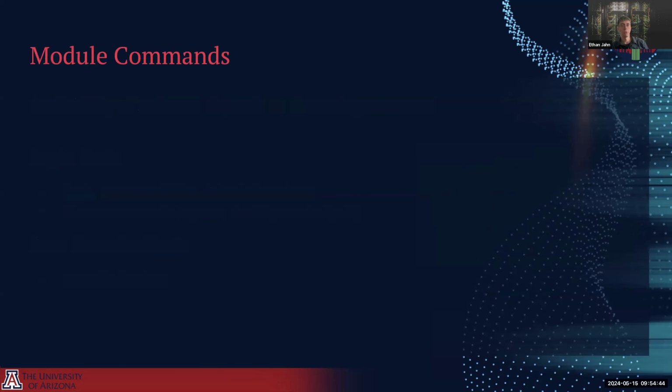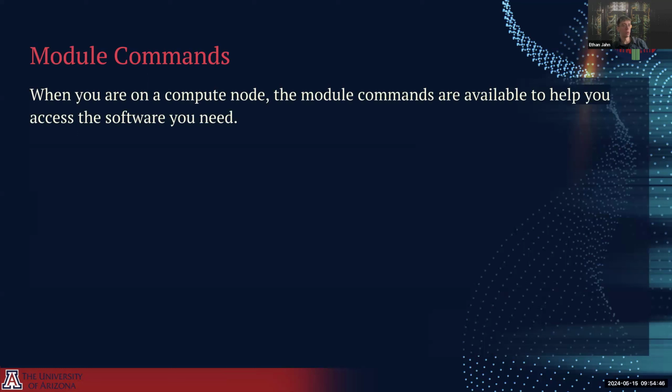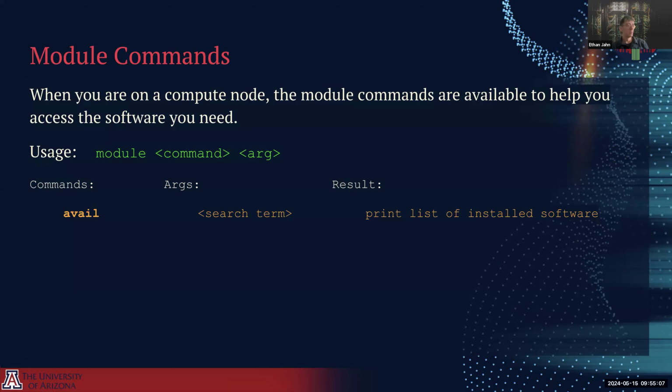So let's talk about the module commands. When you're on a compute node, the module commands are available to help you access the software that you need. So the typical usage is you type module, you type the name of the command that you want to use, and then you type any arguments that you might want to pass to it. So let's go through a handful of commonly used ones. Module avail is used to list the installed software.